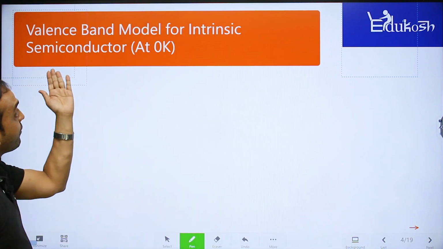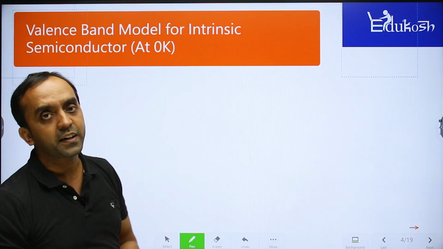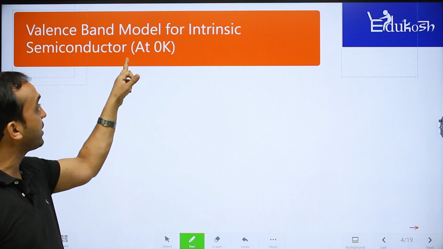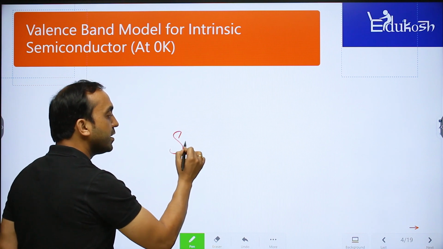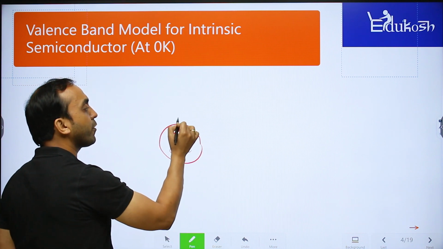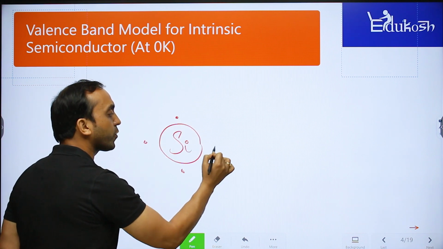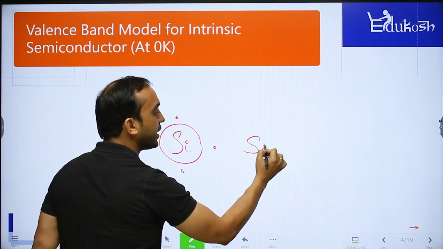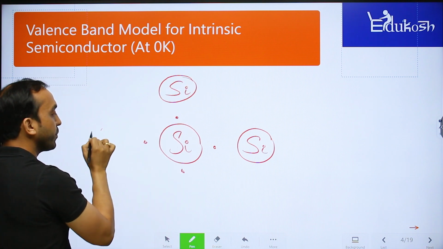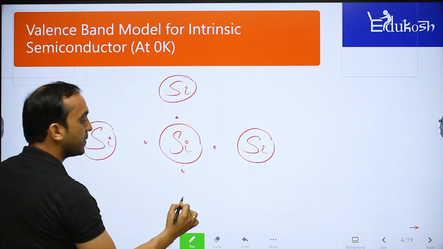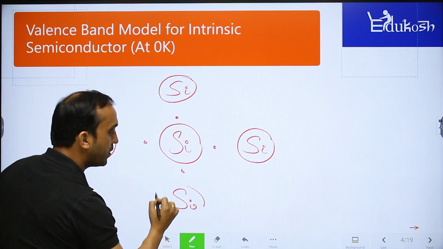Next, let's talk about the valence band model of the intrinsic semiconductor at the temperature 0 Kelvin. We know that silicon has 4 valence electrons in its outermost orbit. All the neighboring silicon atoms will also have 4 valence electrons.